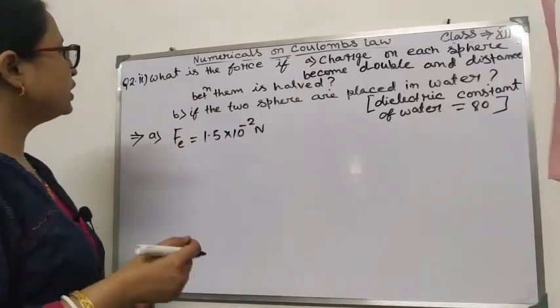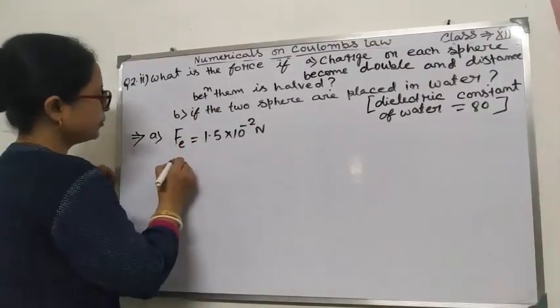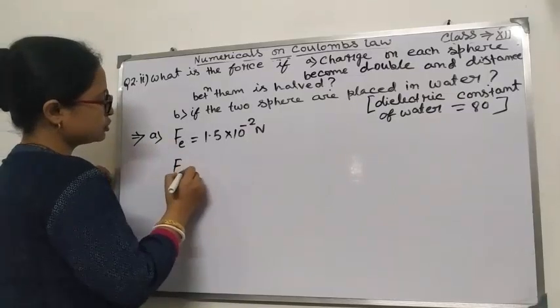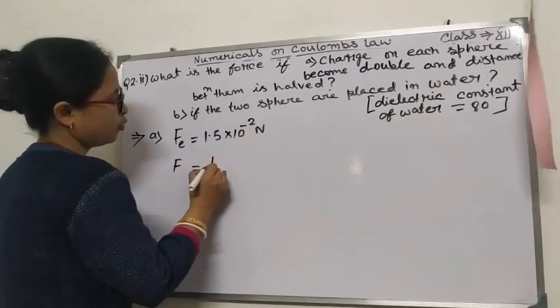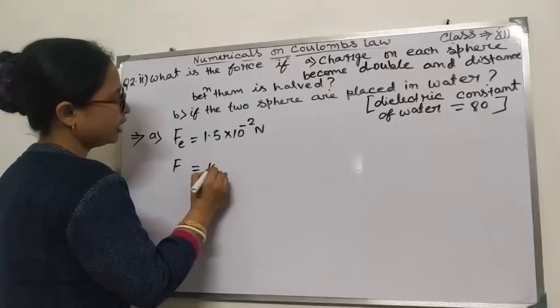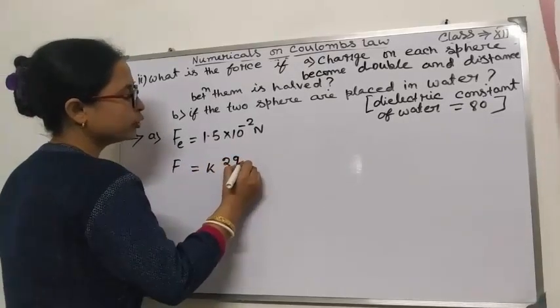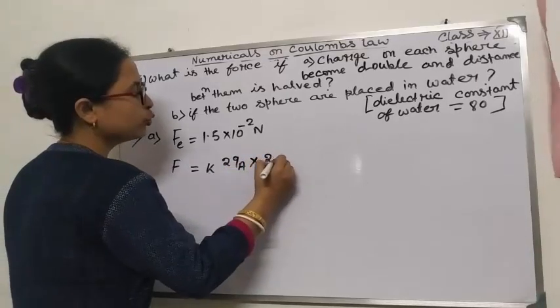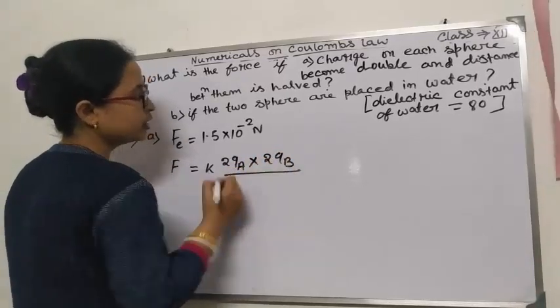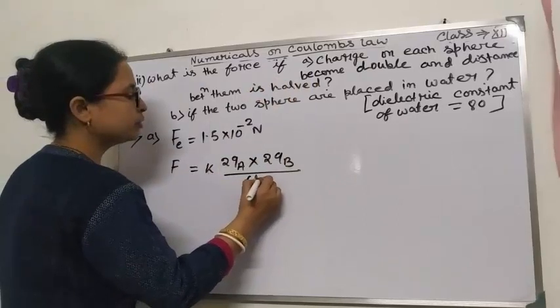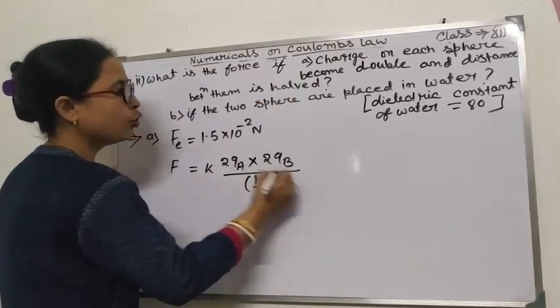Now the new force will be K, QA becomes double, that means 2 QA, multiplied by 2 QB, divided by the distance becoming half, that means R divided by 2 whole square.